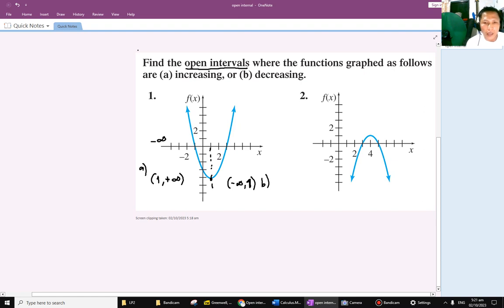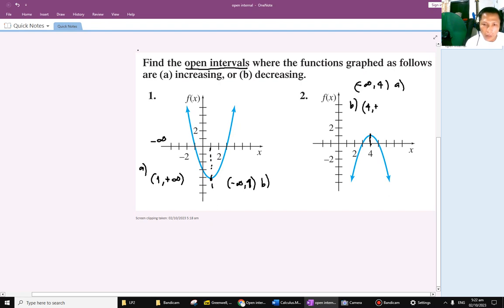How about number 2? This is some kind of a reverse. An open interval from negative infinity to positive 4 is increasing, so this is letter A. And then for letter B, the decreasing function is from 4 to positive infinity.